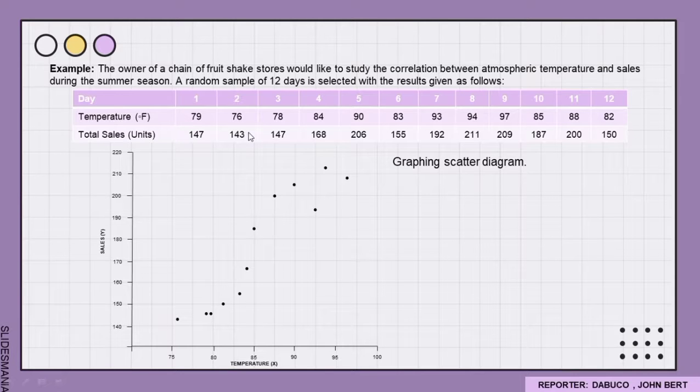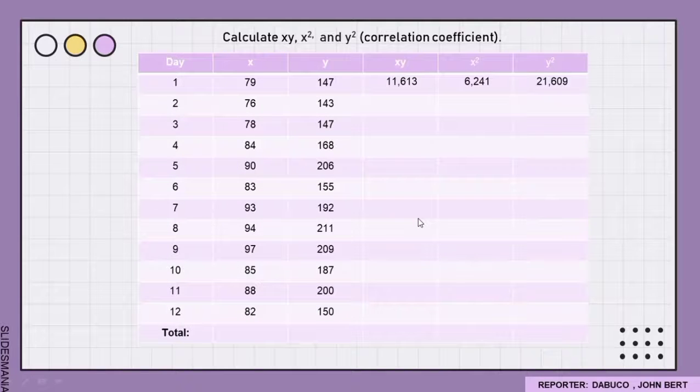So look at the graph. The temperature from 75 to 90 is increasing, and then from 90 to 97 it fluctuates. From day 1, we have 79.